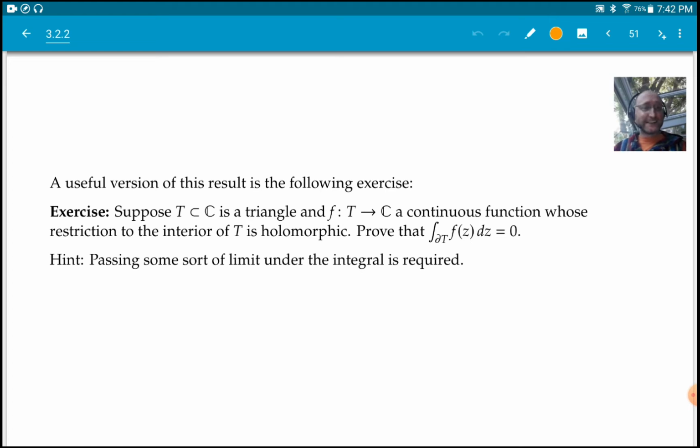But now it's actually holomorphic on something smaller than T, but just barely. So you're going to have to do some sort of limit, either fit smaller triangles to the inside, or maybe rescale that. There's a bunch of different ways of doing this. Okay, so that's an exercise.